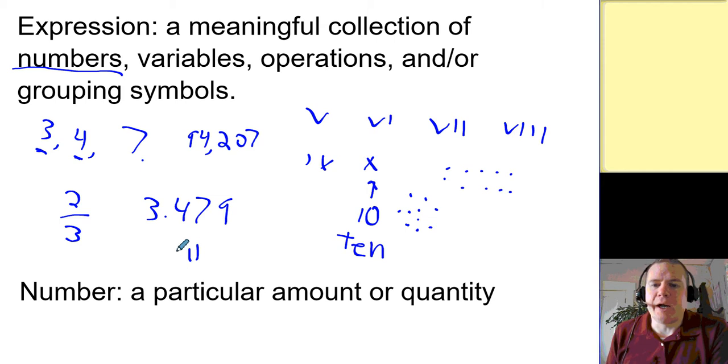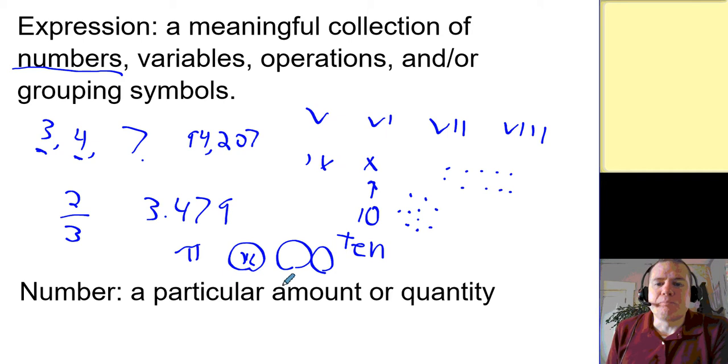Or the number pi. Pi does have a particular amount. But you can't have pies, right? You can have 3 pies, with the little pretty things on there, like my mother-in-law makes on her pies. But you can't have this many exact pies. So we've got counting numbers and we've got measuring numbers, but they're all talking about this.